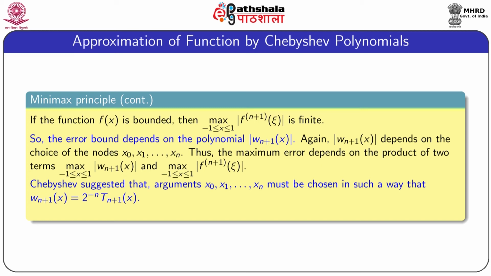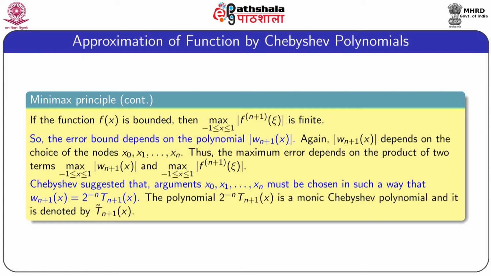Also, the polynomial W(n+1)(x) is also a polynomial of degree n plus 1. Also, the leading coefficient of the polynomial T(n+1) is 2 to the power n. That is why we have considered W(n+1)(x) equal to 2 to the power minus n into T(n+1)(x).